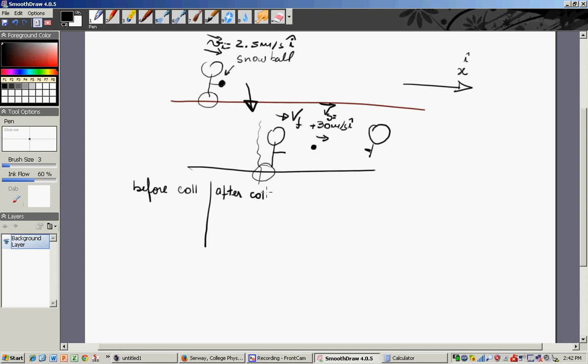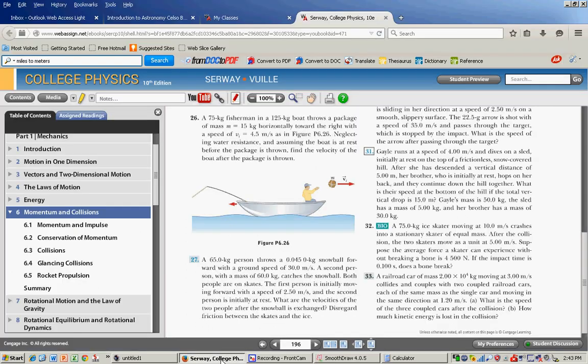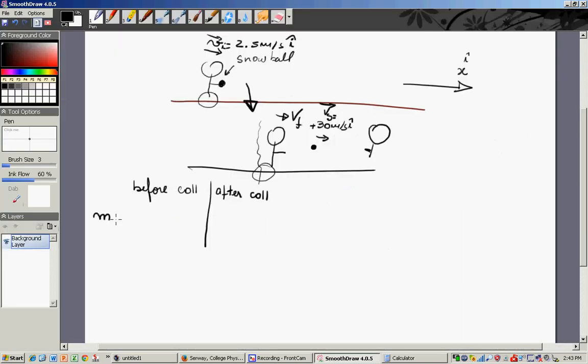So before momentum, what do I got? Well, I get a person that has a mass of 65 kilograms, right? Let me write directly there. So the person has a mass of 65 kilograms and moves with an initial velocity.